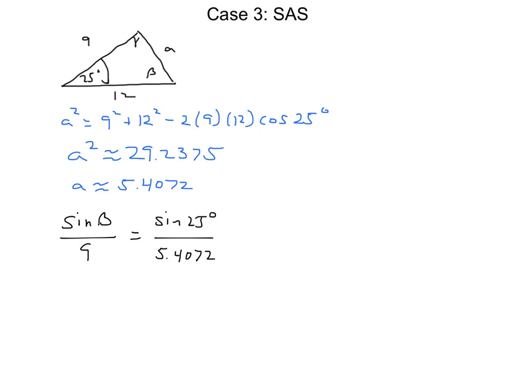By multiplying both sides by 9, I'll get that the sine of beta is about equal to 0.7034. And so therefore, I know beta equals the inverse sine of 0.7034. And putting that into the calculator, I come up with that being about 44.7.